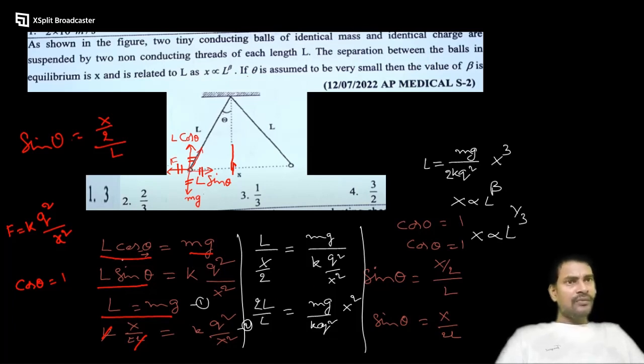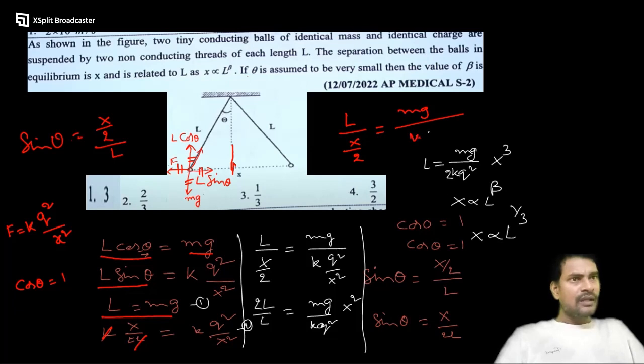Okay, now you take this T is equal to mg, then what you will get is, see, I am dividing the first one, T divided by x by 2 is equal to mg divided by k into q square by x square.